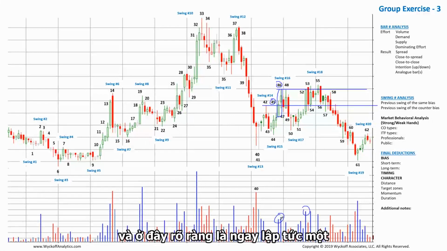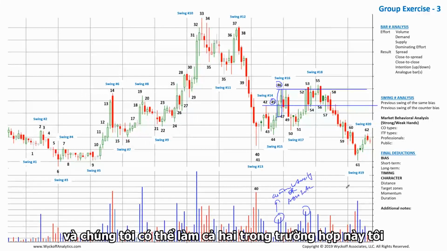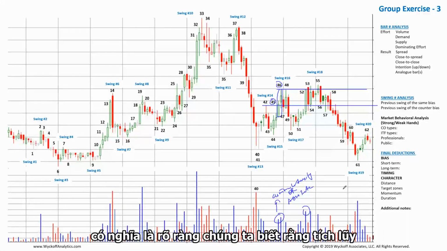And here, obviously, right away, a question is going to be, should we compare the volume signature cumulatively, or should we compare it just on absolute basis? And we could do both. In this case, obviously, we know that cumulatively there's going to be more effort right here to push the price up, less effort here.